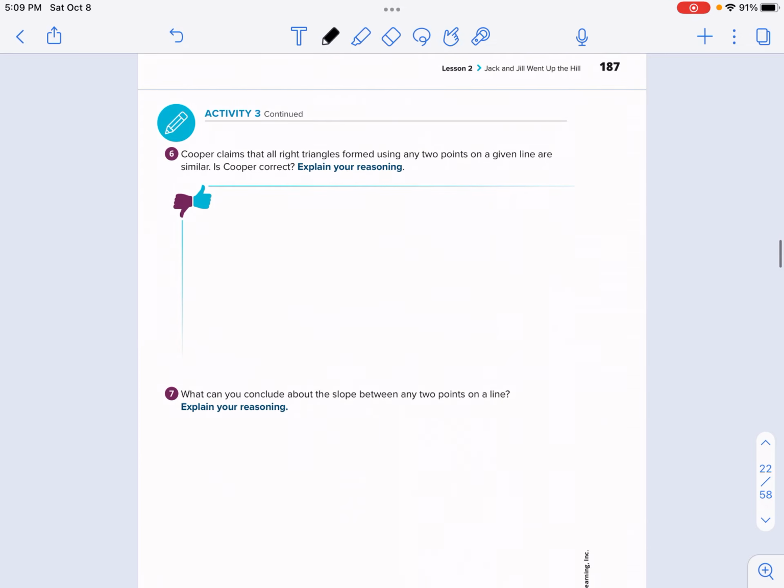We're just going to summarize these questions or these claims here. Number 6, compare claims that all right triangles formed using any 2 points on a given line are similar. Is Cooper correct here? So that's Cooper's claim.